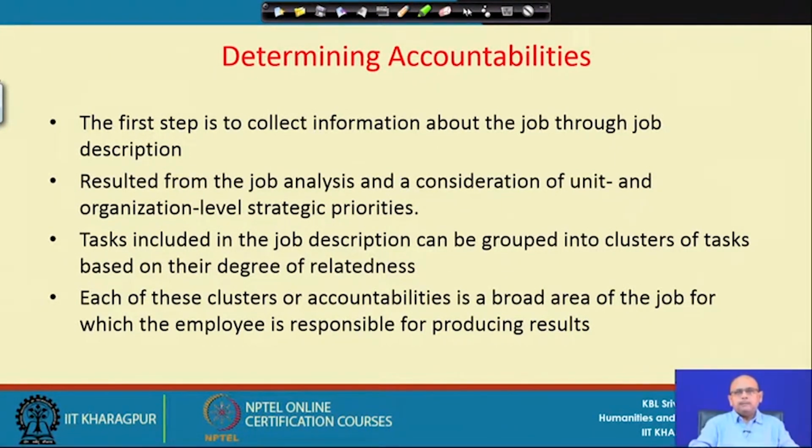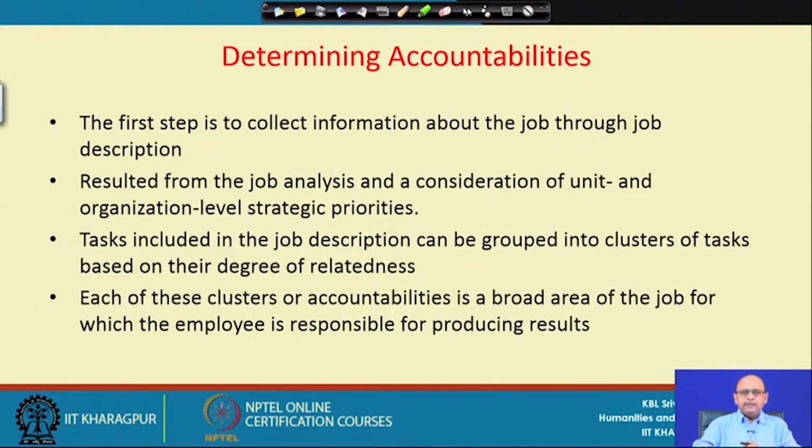When it comes to determining accountabilities, what actually happens? You are going to collect data through the job description, right. The job description talks about the tasks, duties and responsibilities, and also job specifications, the knowledge and skill that is required by the individual to perform the job, right. So, the first step in collecting information about the job is through the job description.